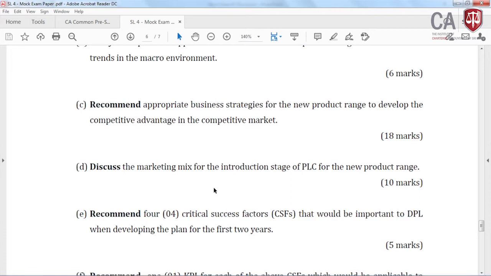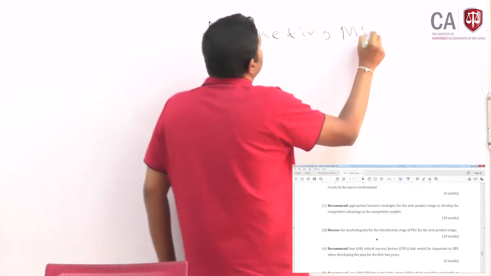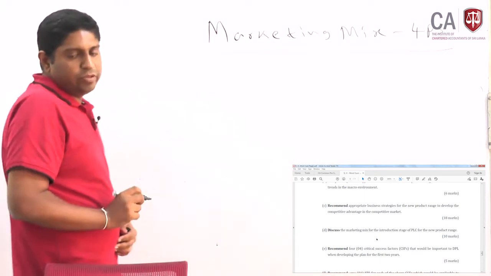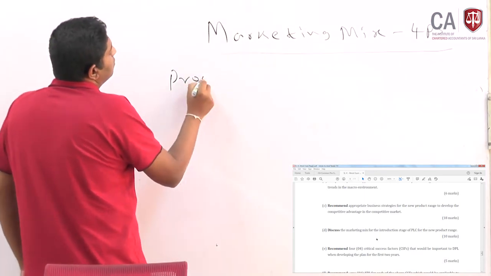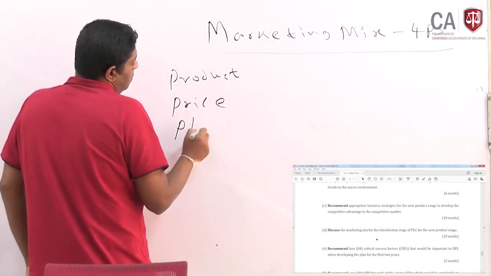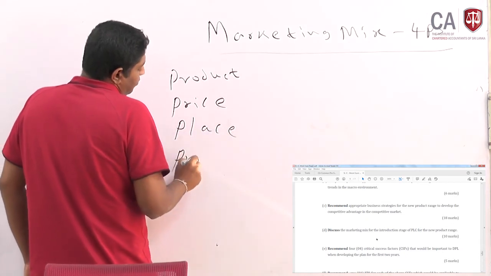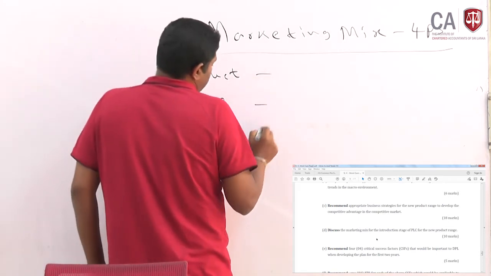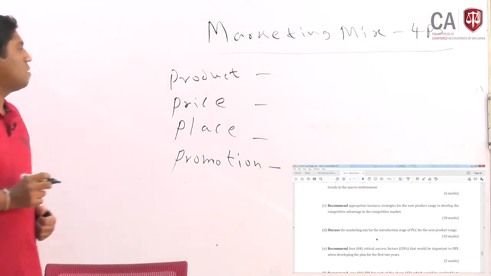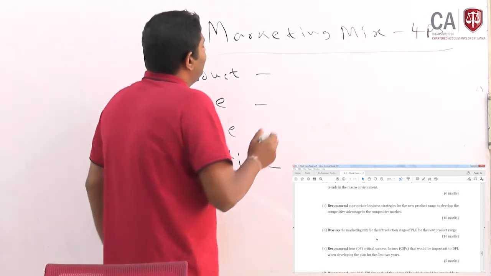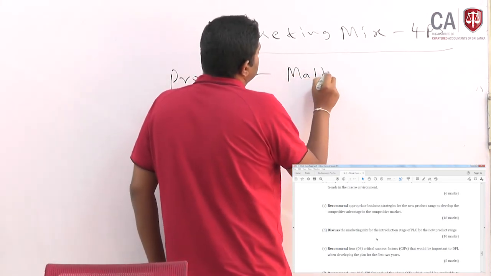Marketing mix variables: since this is a product, we can identify 4 P's: product, price, place and promotion. Here the product. So, what type of product are we going to offer? We are going to offer a malted milk product.